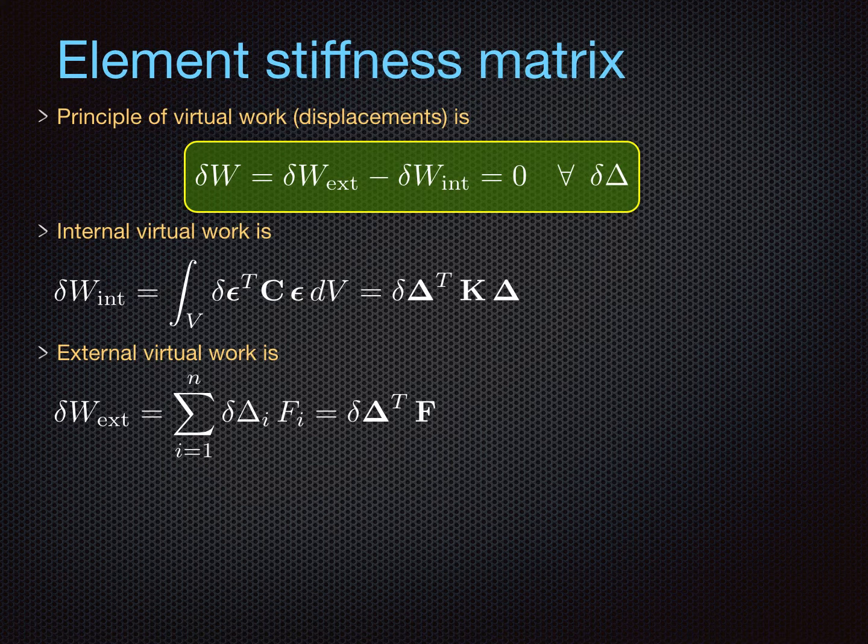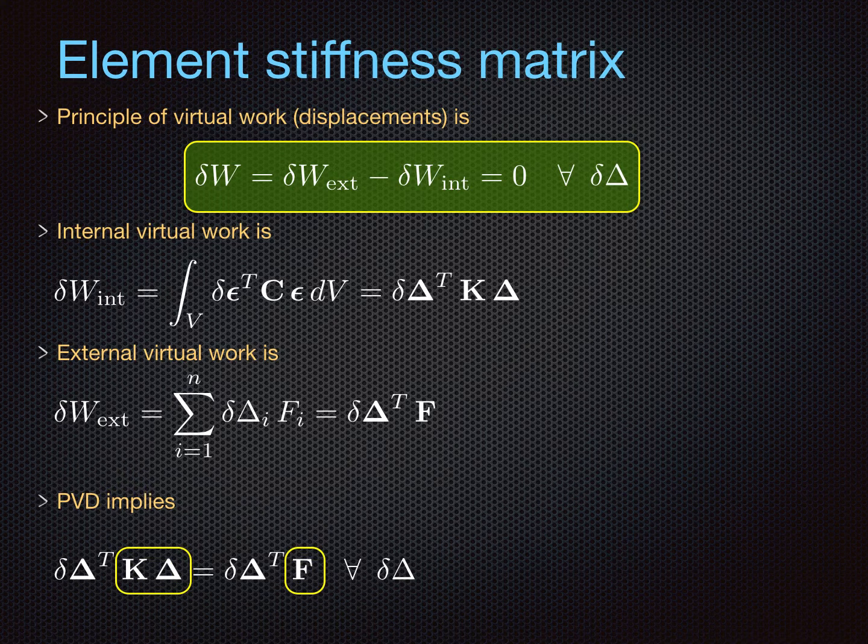And the principle of virtual displacements that is shown in the green box up top implies that the internal and the external virtual works must be equal to each other for all possible variations of delta delta. And that therefore implies that K times delta must be equal to F at all possible variations.